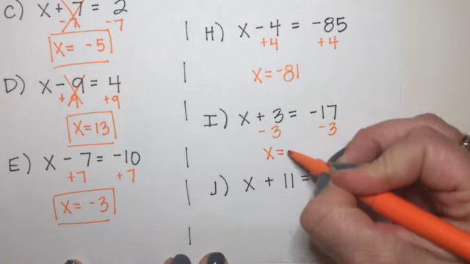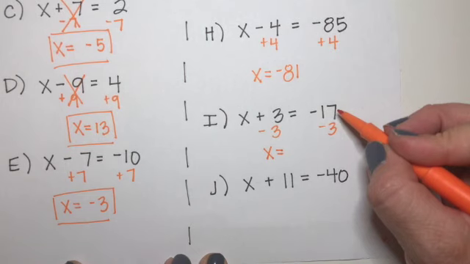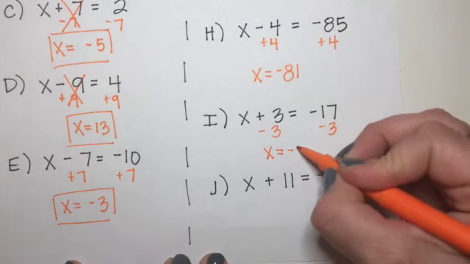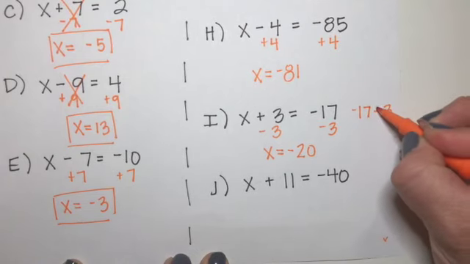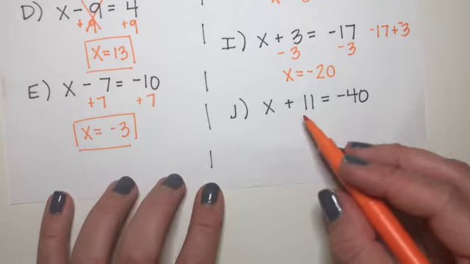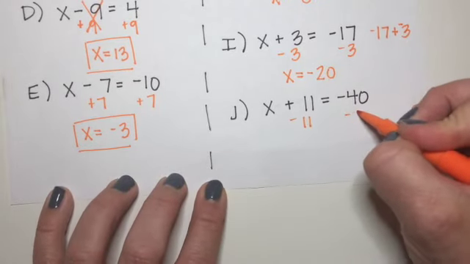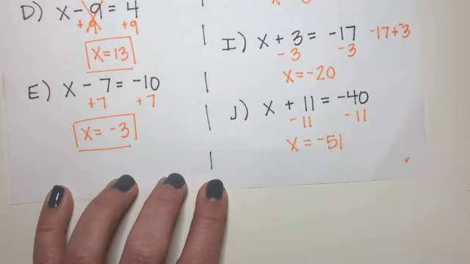So that gives me x equals, if you already owe your mom $17 and you borrow 3 more, you're going to owe $20, right? -17 minus 3, keep, change, same sign, add and keep. And then down here, the opposite of adding 11 is subtracting. So x would equal -51.